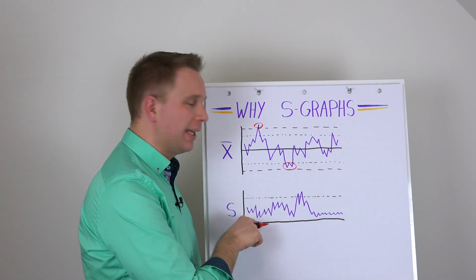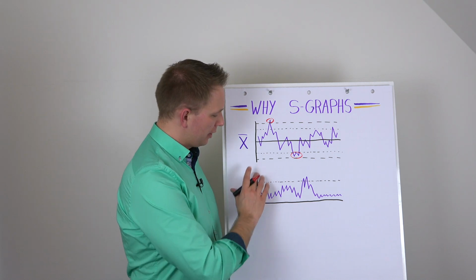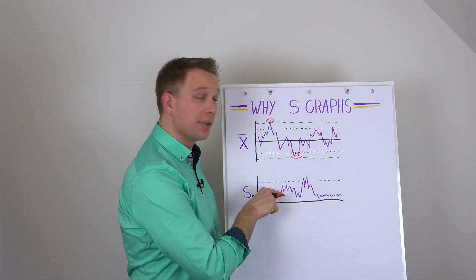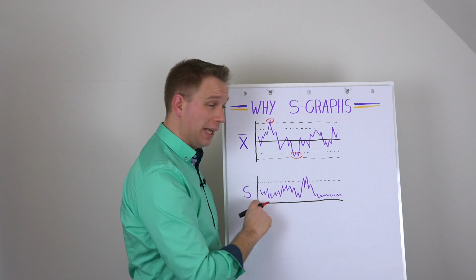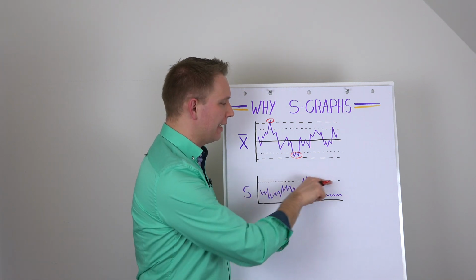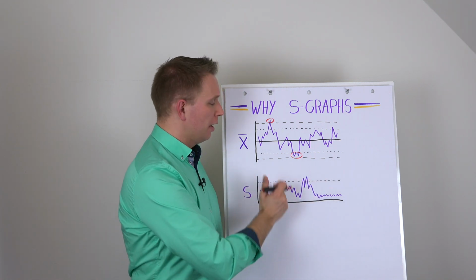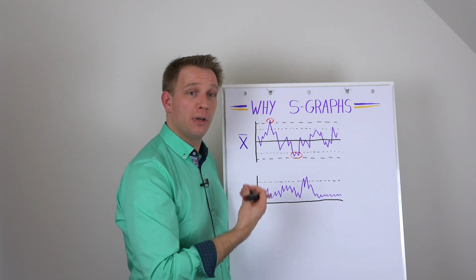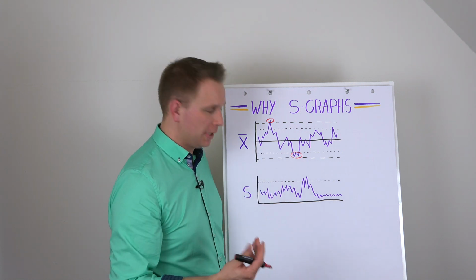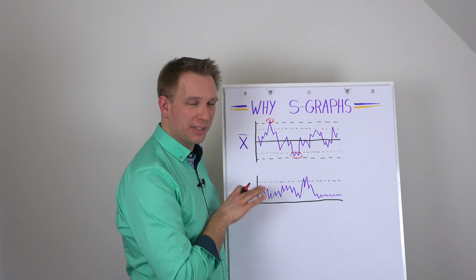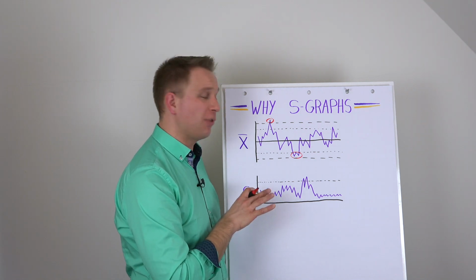And that's what's plotted here. Now, the way that this graph is built up is that you plot the standard deviation of each of your data points, and there is an upper control limit above which your standard deviation of one sample should not come. There can be a lower limit, but it's very rare that you have this in practical situations.